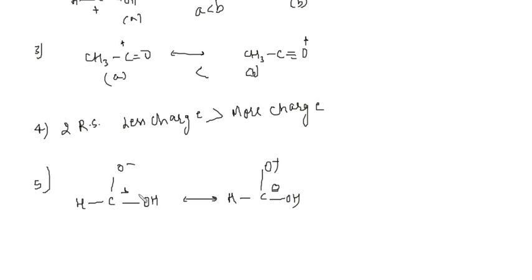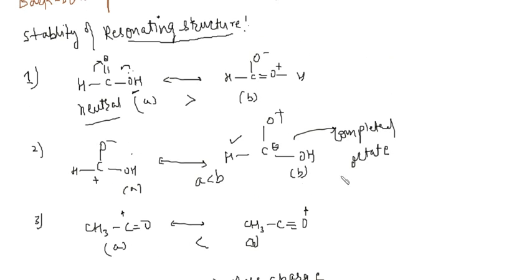Again, we just see this example. Here we know the octet is incomplete. So what we are talking about here is complete octet and incomplete octet. A complete octet will be more stable than an incomplete octet.